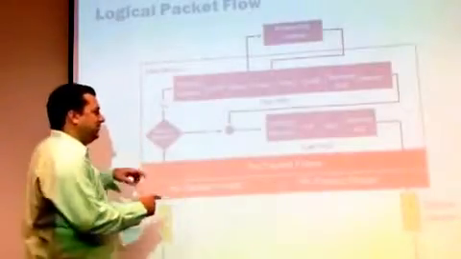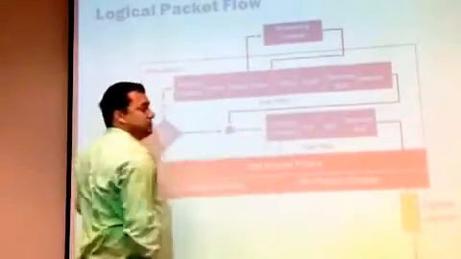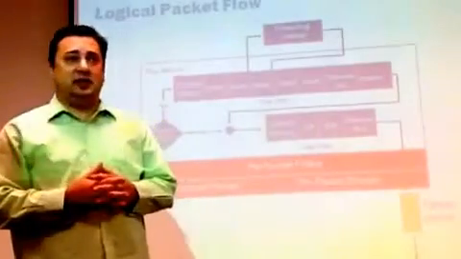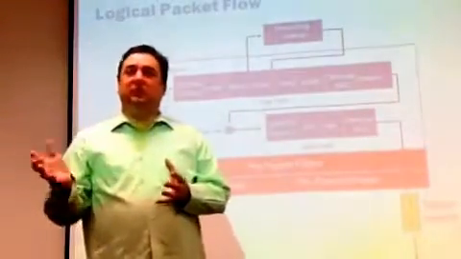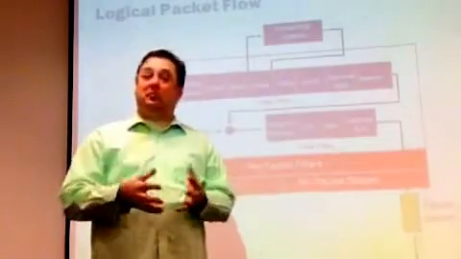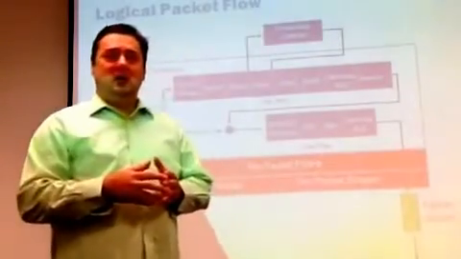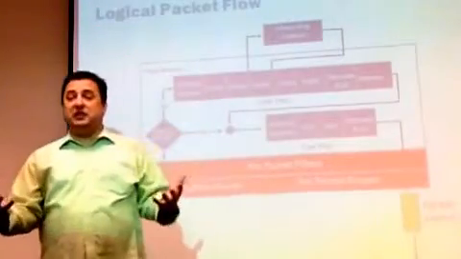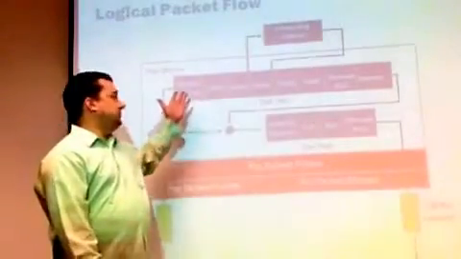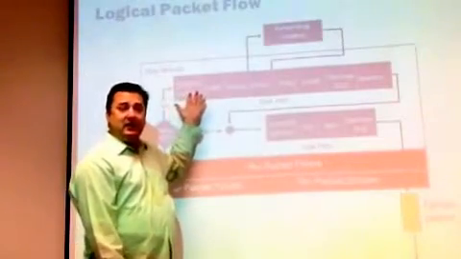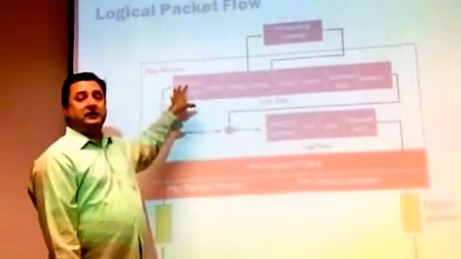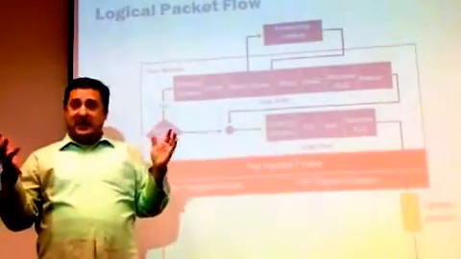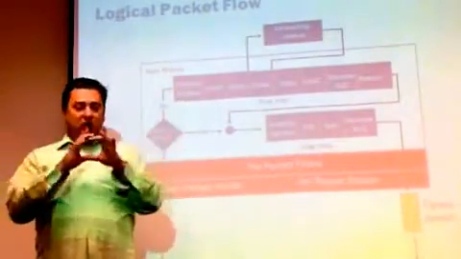One of the key things I want you to note is the first thing it's going to look at is screen options, and they're on both paths. Why is that? Let me tell you what screen option does. Screen options is going to get rid of some malware. It's going to get rid of any problem packets or anything that's malformed. What you might ask is, well, why do I have to have it twice? It's possible as I initiate some traffic, I have some malware, or I have a malformed packet, a deformed packet, a troublesome packet, too large, too small, something along those lines I don't want. Think of screens as actually a screen, a filter, but with large holes.